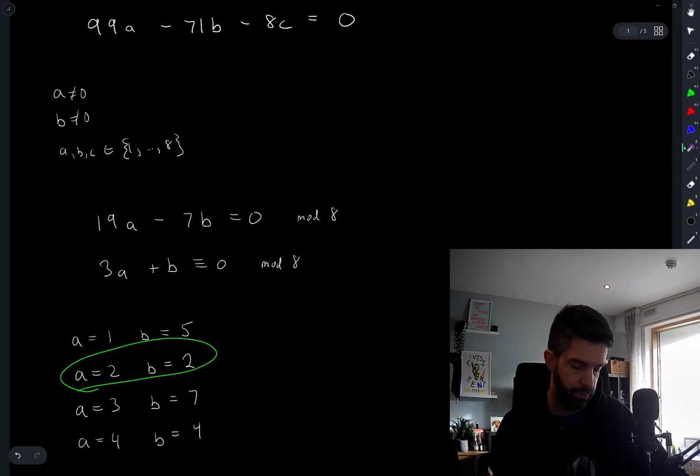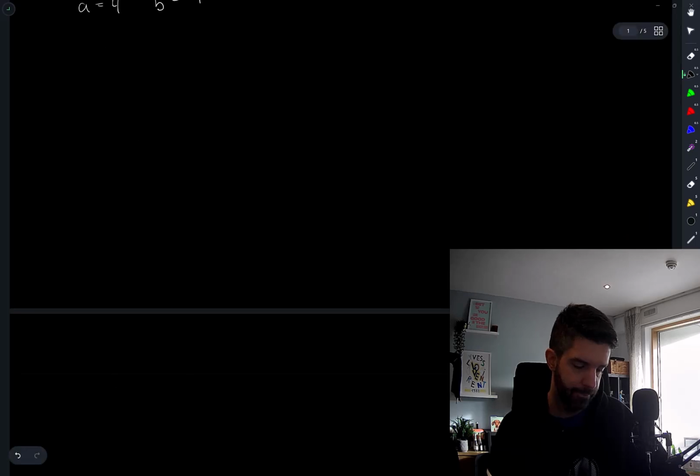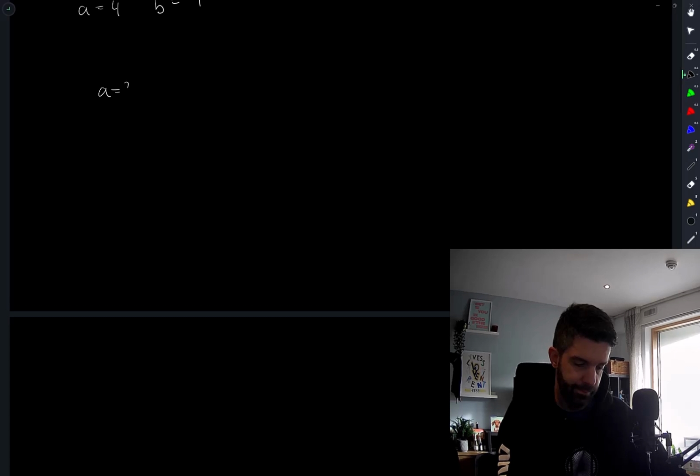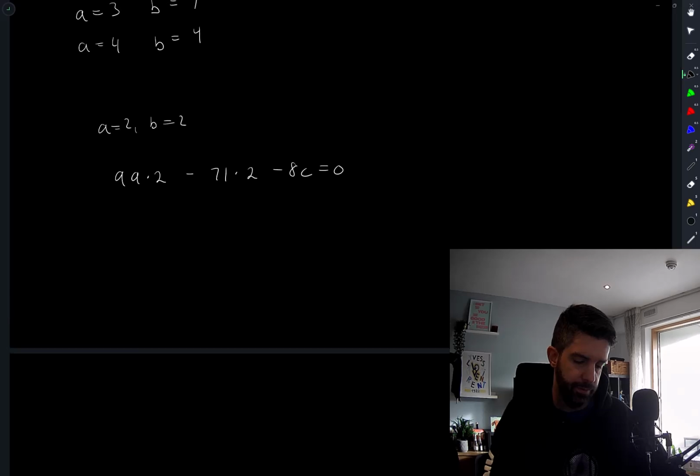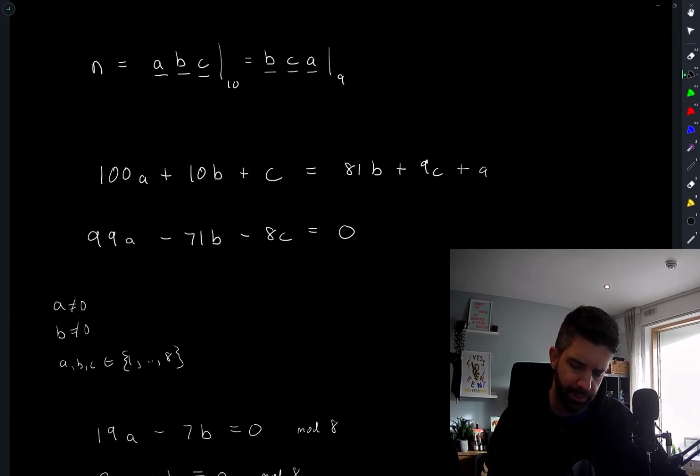What about 2 and 2? So I have 99 times 2 minus 71 times 2 minus 8C is equal to 0. Also, by the way, before I go any further, I'm going to make sure I did this. 100 minus 1 is 99. 81 minus 10 is 71, so negative 71. 9 minus 1 is 8, so negative 8.